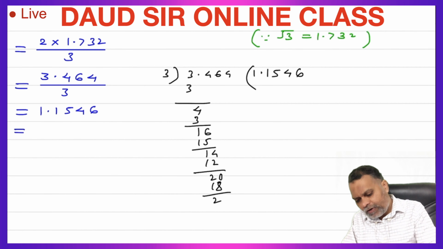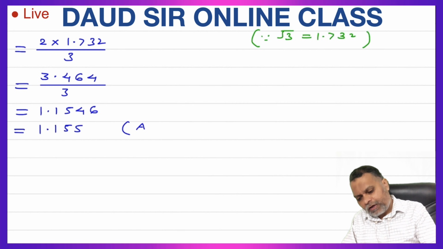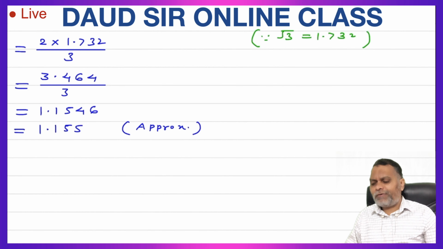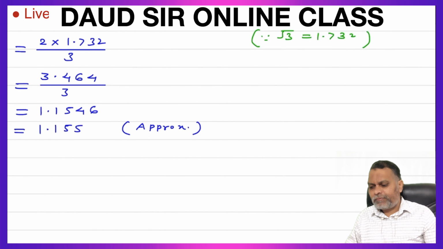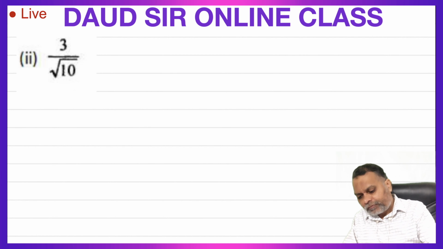So this is 1.155. This is approximate, up to 3 places of decimal. Approximately 1.155.